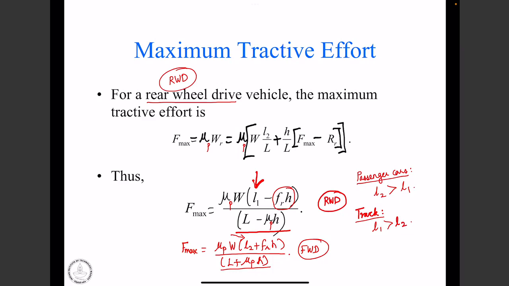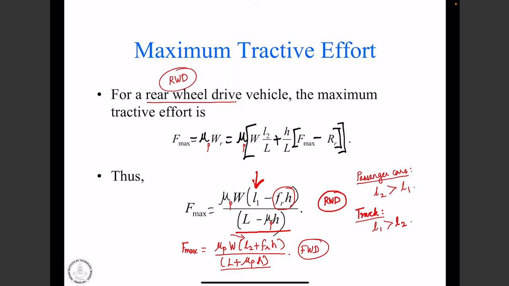So I hope this derivation and the corresponding expressions give us an intuitive feel of how we choose to drive a certain set of wheels. If we take, let's say, a race car, in a race car too, the height of the center of gravity is quite low, but the engine, the gear, the transmission are all placed towards the rear wheels.